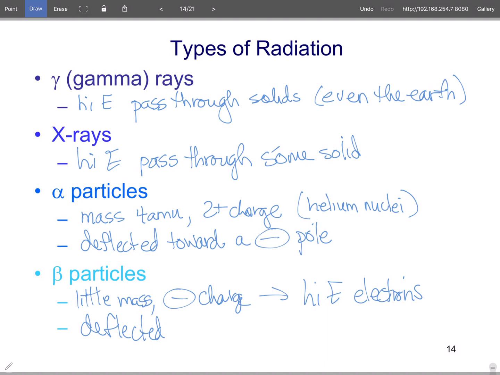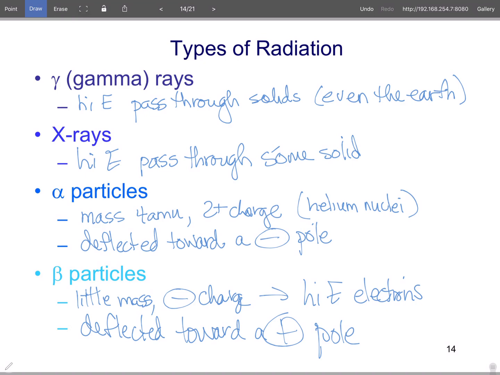Okay, beta particles are negative, so they go towards the positive pole. Alpha particles are positive, so they go towards the negative pole.